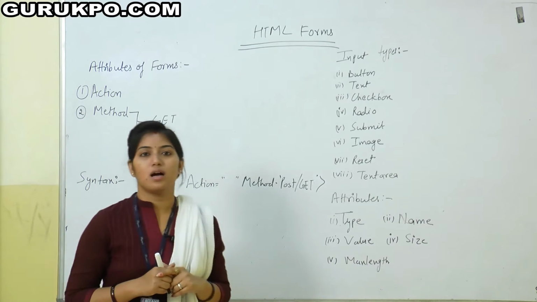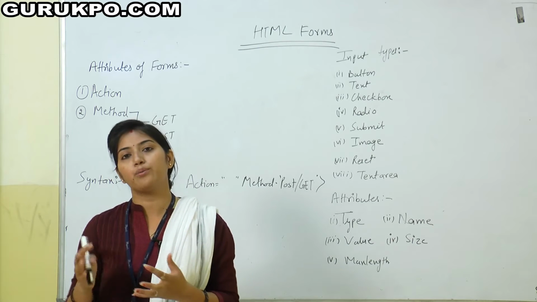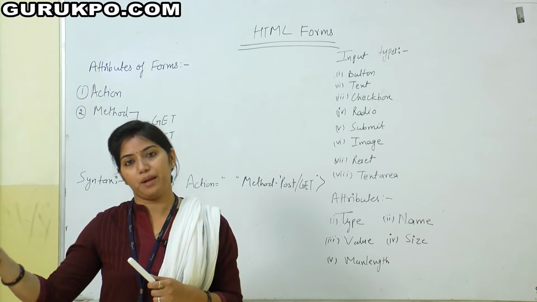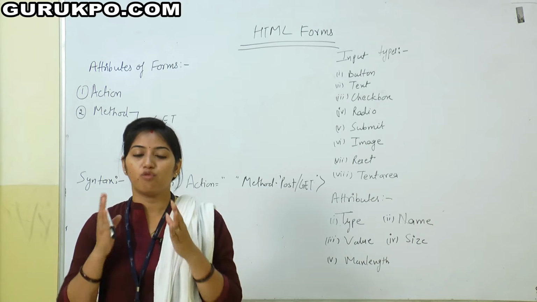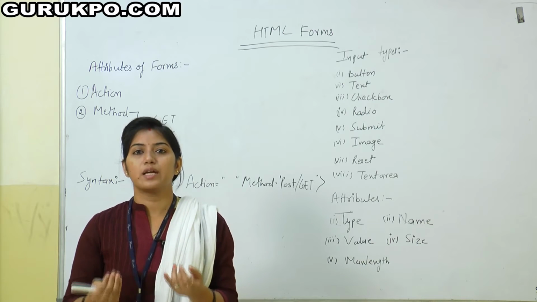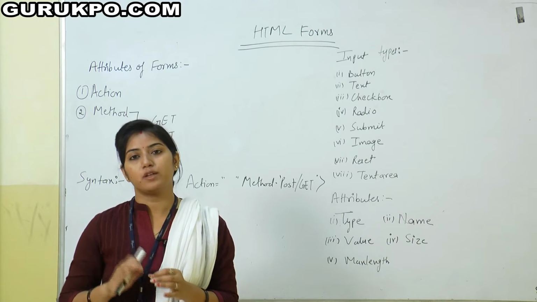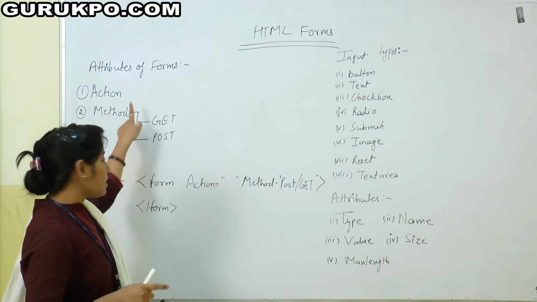Action is used whenever we give user input and that input is going to be processed. Then the process goes to a different page, a different database, or anything else. That is, what is the process after taking user input? When the submit button is clicked by the user, where does it go after that? It will be written in action.